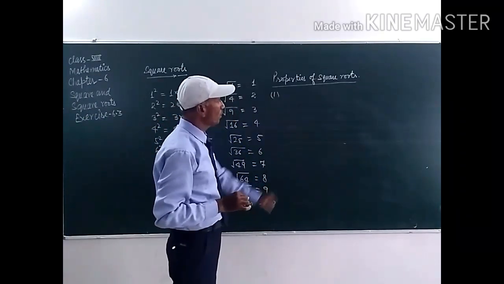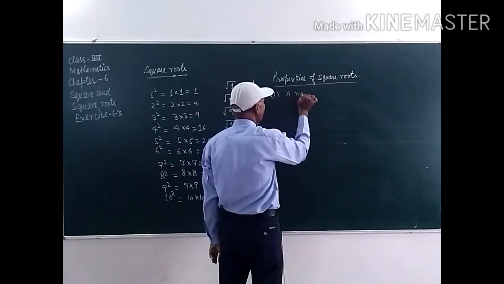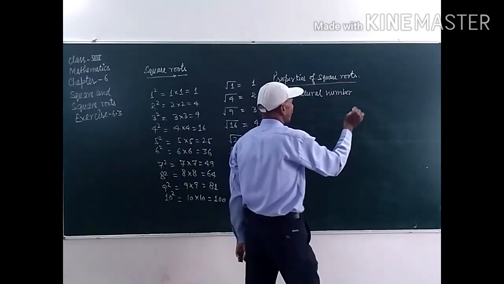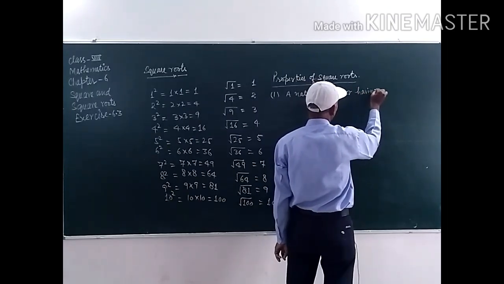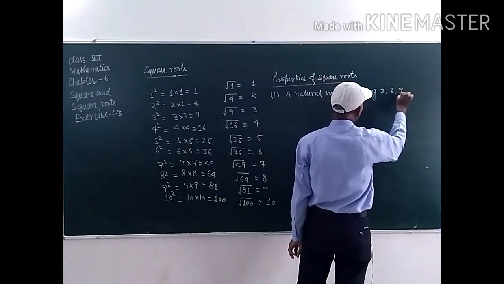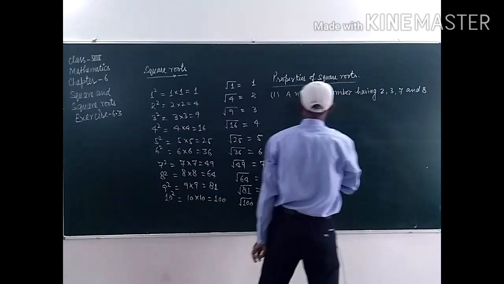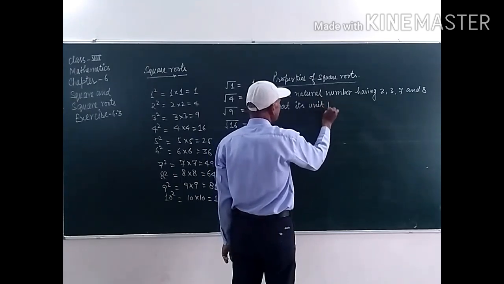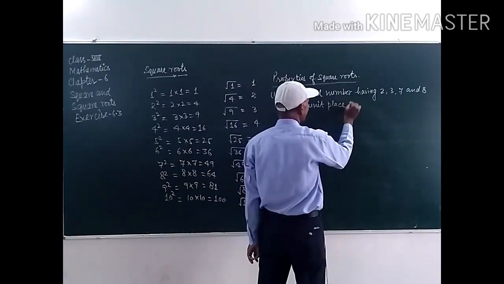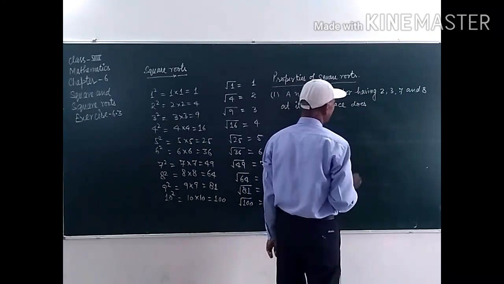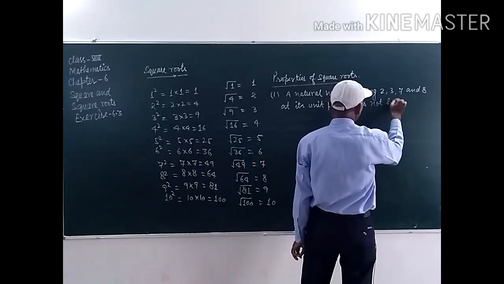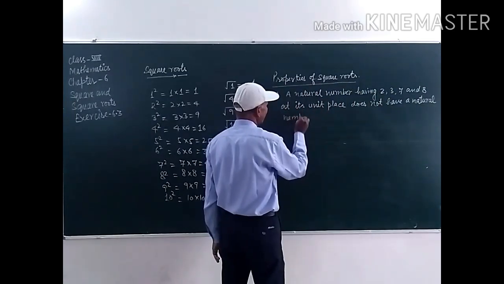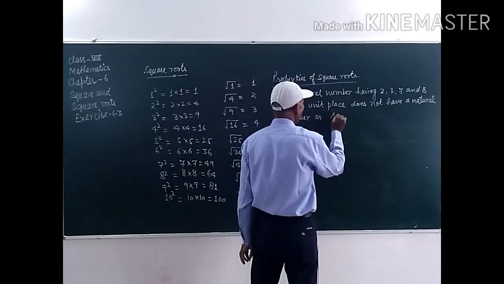So the first property of a square root is that a natural number having 2, 3, 7 or 8 at its unit place does not have a natural number as its square root.